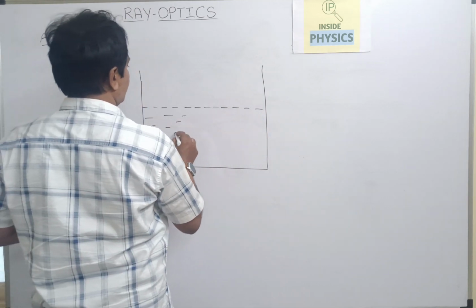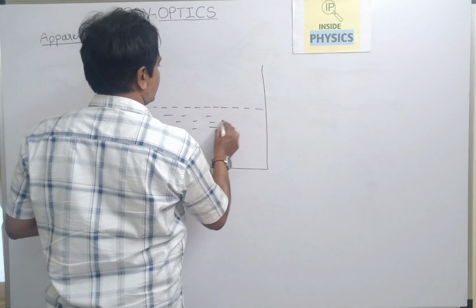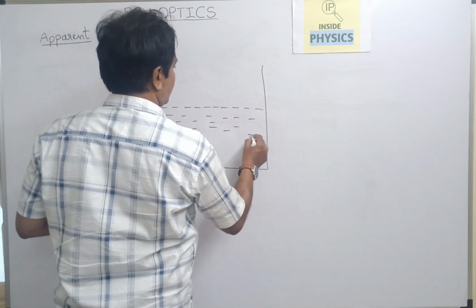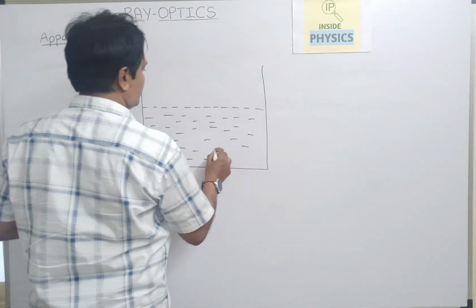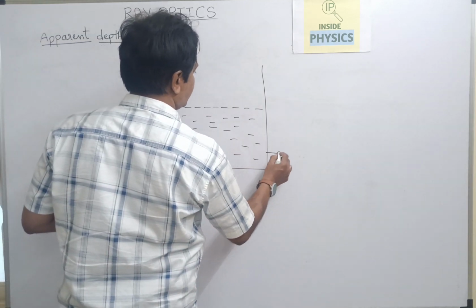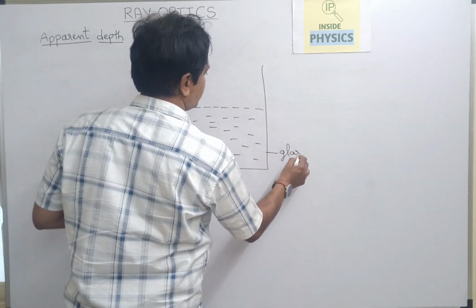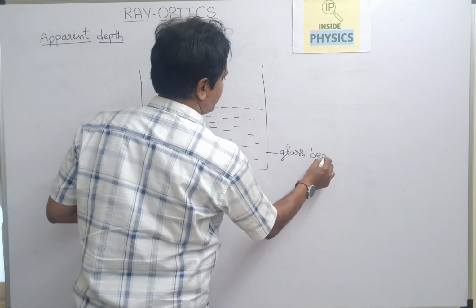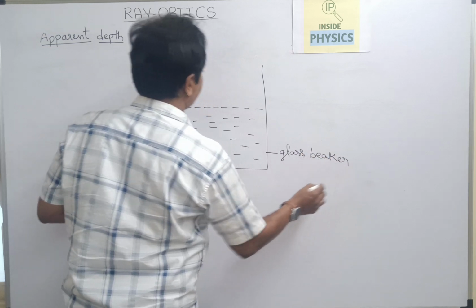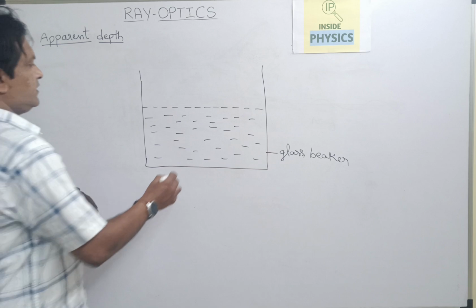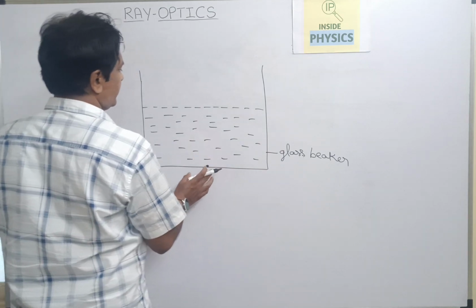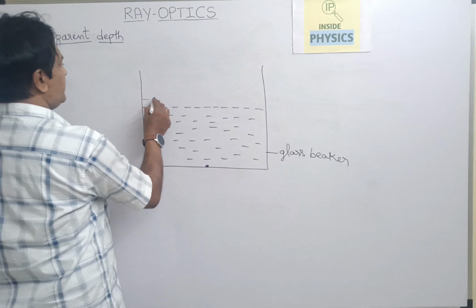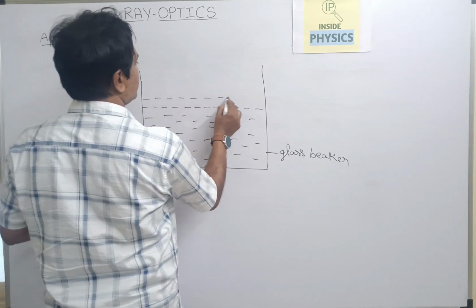Generally if you observe the water from above, you will see that the bottom of the beaker, say this is a glass beaker of water, will appear to be raised to some height.